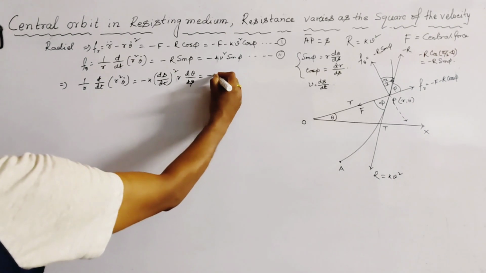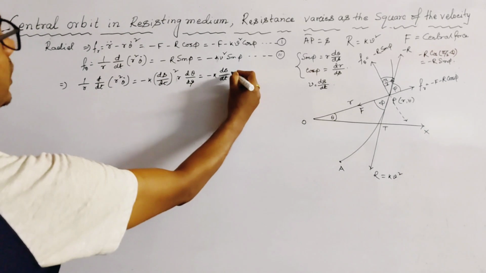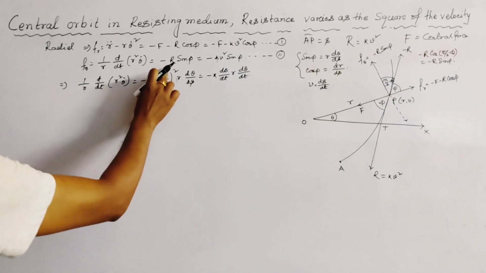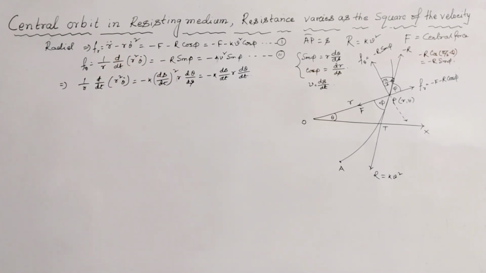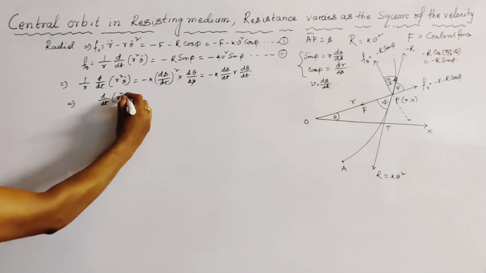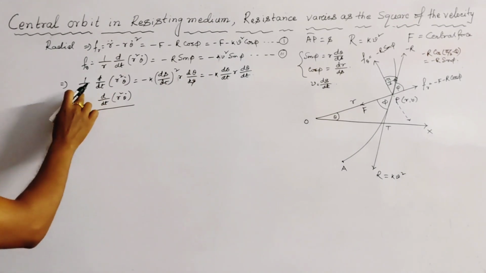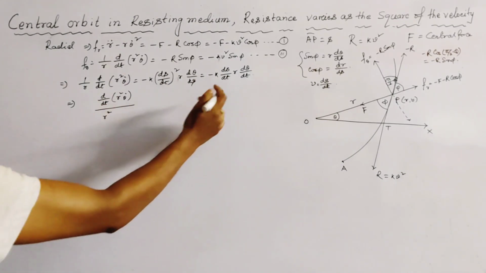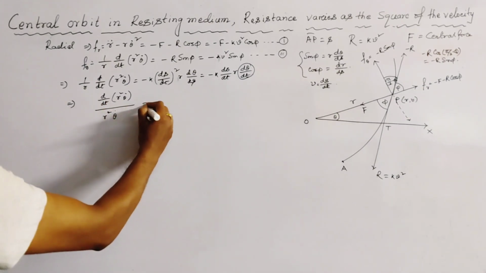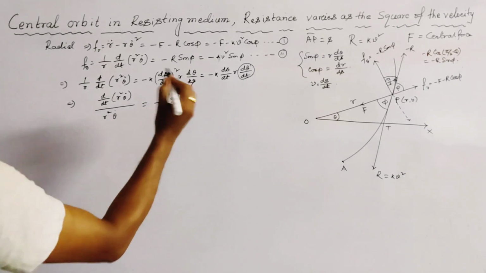This is equal to minus k into ds/dt into r d theta by dt, because one ds and one ds are cancelled out, right? So d/dt of r square theta dot by r, and here also r, so r square theta dot, we get theta dot here, and the right side is minus k into ds/dt.